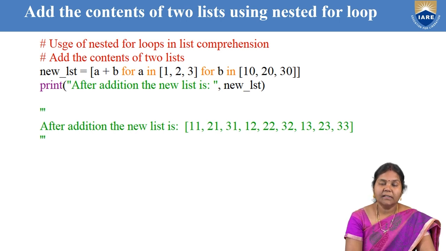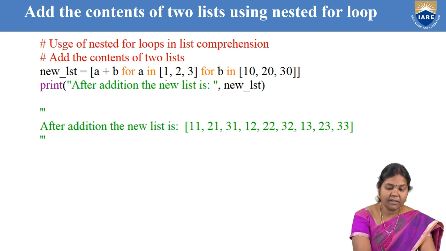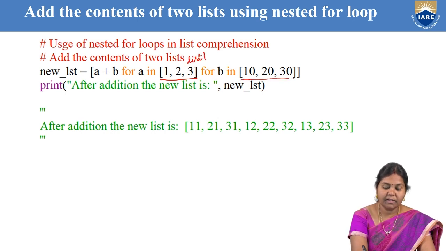Now let us look at another example: how to add the contents of two lists using the nested for loop concept in list comprehension. Suppose there are two lists available. For example, 1 to 3 is list 1, and 10, 20, 30 is list 2.